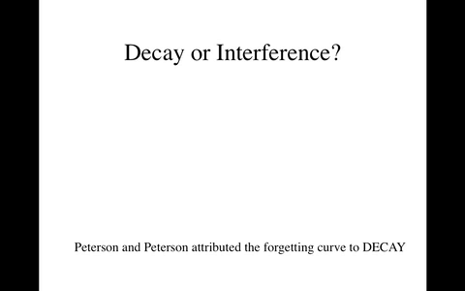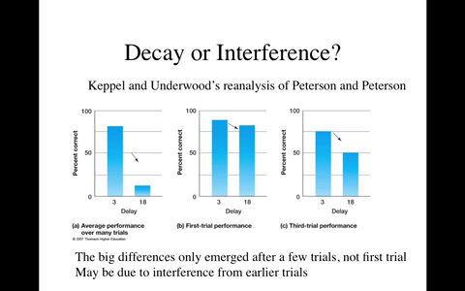Peterson and Peterson attributed their forgetting curve to decay, but additional studies have shown that, in fact, it's not as simple as that. If you reanalyze the original data, as Keppel and Underwood did, they found that the big difference between 3 and 18 seconds that shows up in the Peterson studies only happens in later trials, later than the first trial.